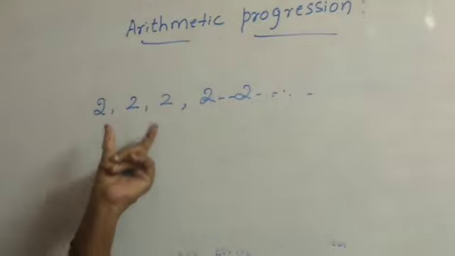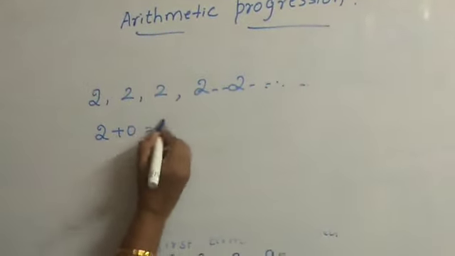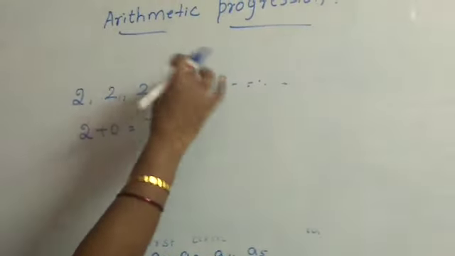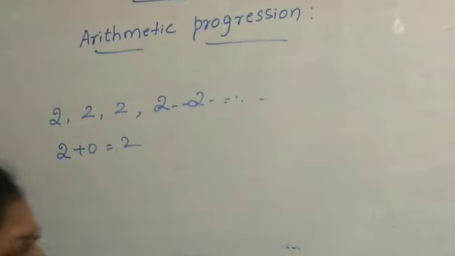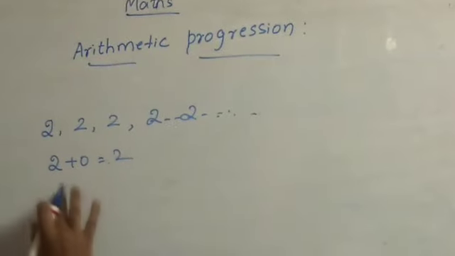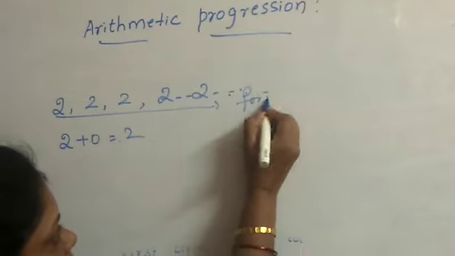Yes, sure it is. Because 2 plus 0 is 2 only. Here the difference between any two numbers is 0. What I told: common difference may be positive, negative, or sometimes 0 also. Therefore, it forms an AP.